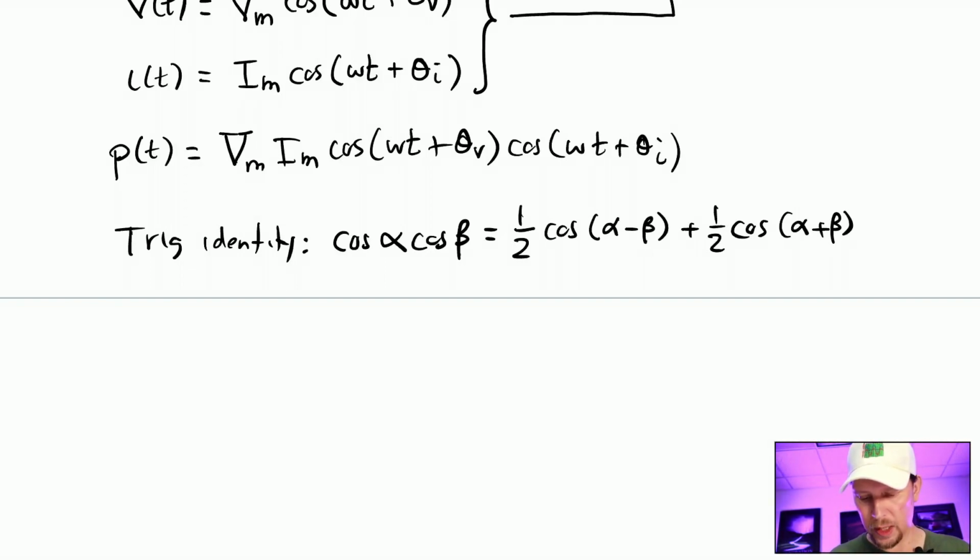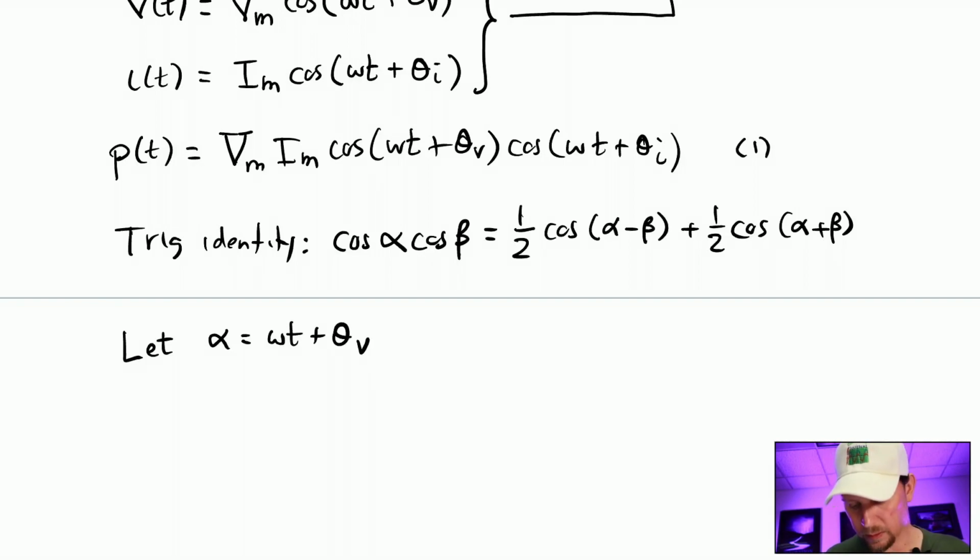I'll call this up here equation 1. In the trig identity, I'm going to let alpha be omega t plus the phase angle for the voltage, and beta be omega t plus the phase angle for the current, right?